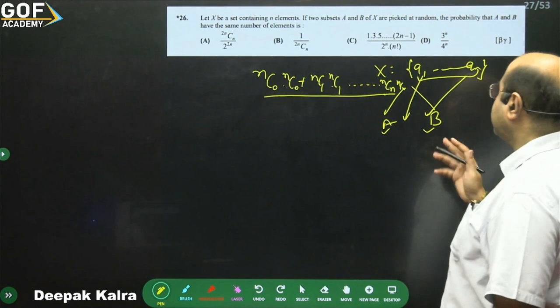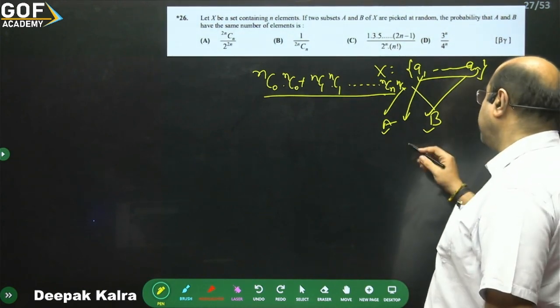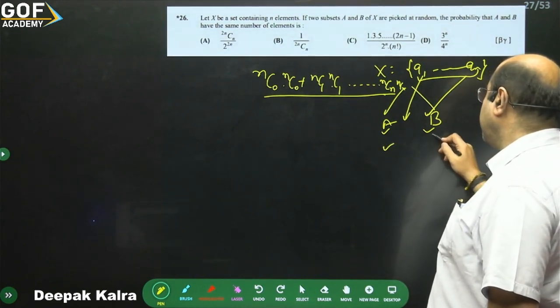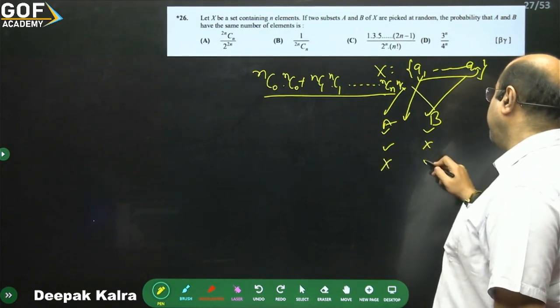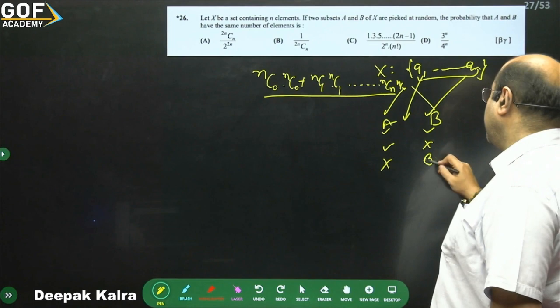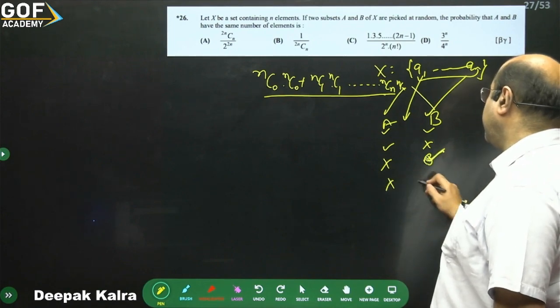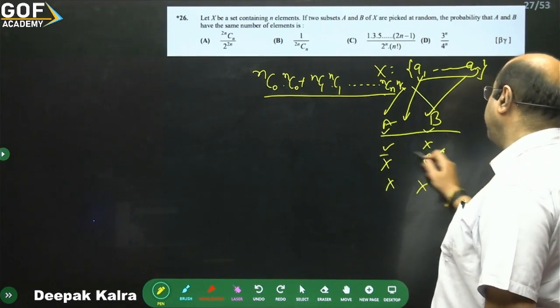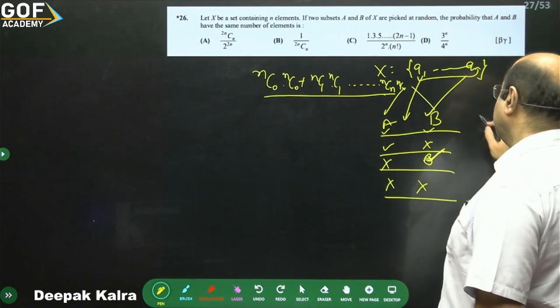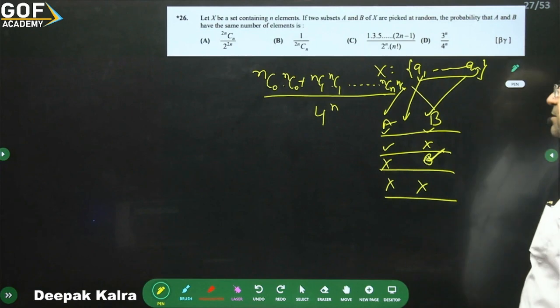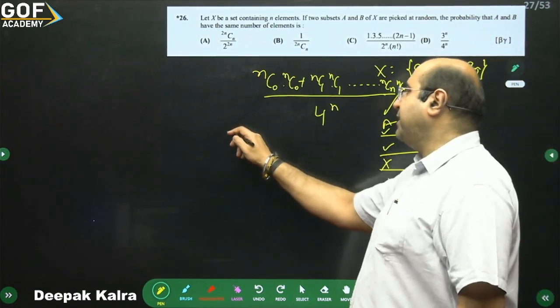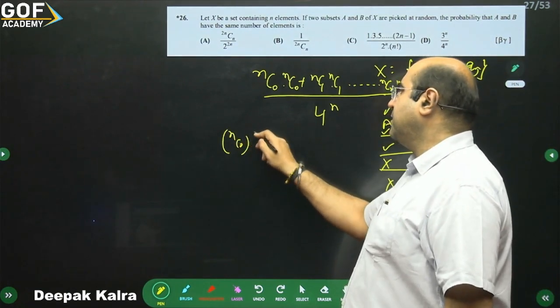Every element has how many possibilities? 4 possibilities. Either goes in A, not in B, not in A, in B, and then neither in all. So each element has 4 possibilities. So 4 power n will come at the denominator. So far clear what I did?